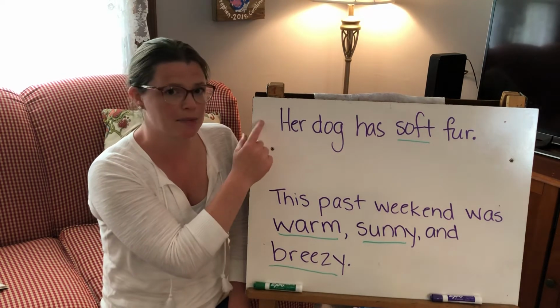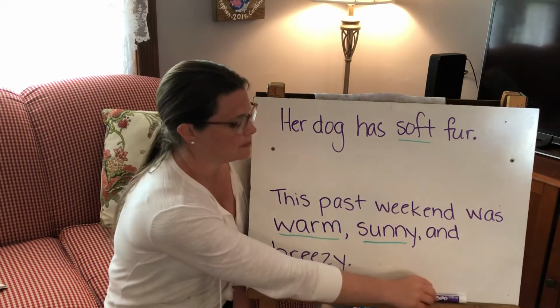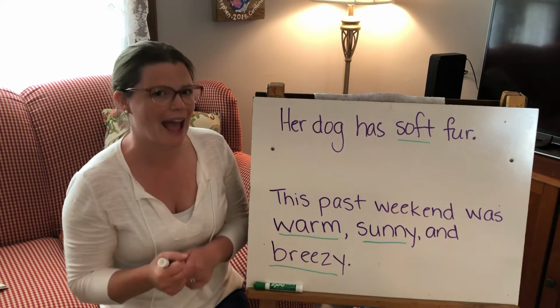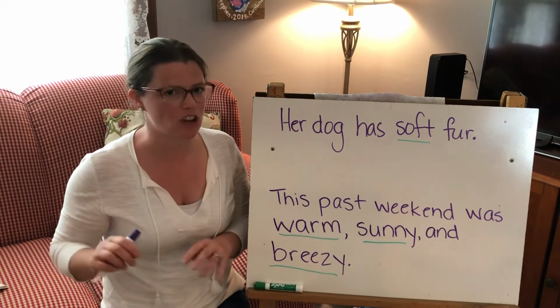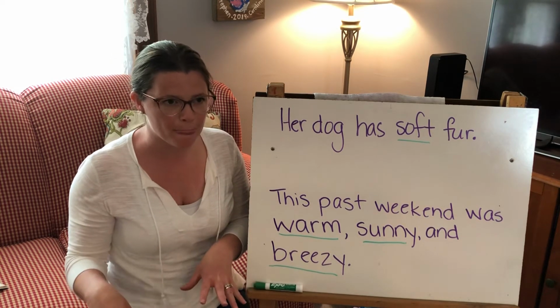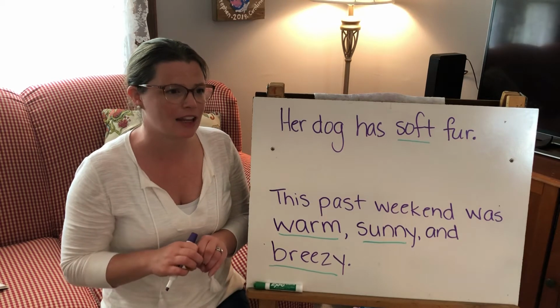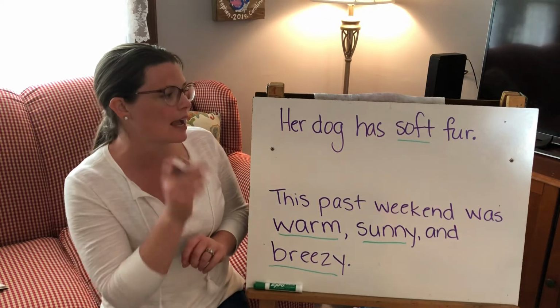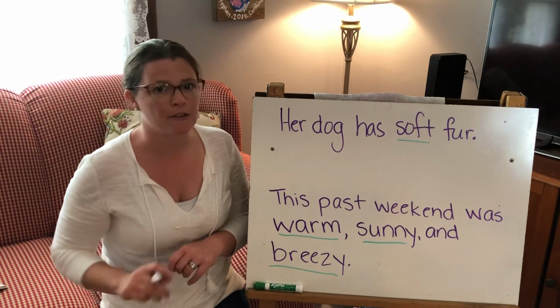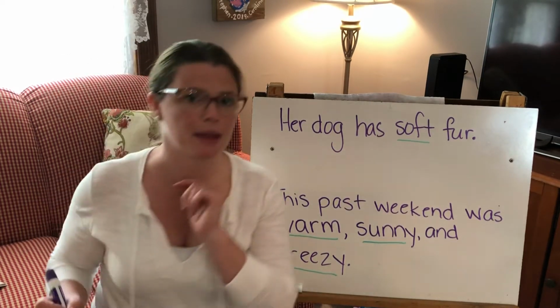So now let's go back up to this sentence. I'm going to add another adjective to this one. So instead of just saying soft, I'm going to add in brown. How about that? So her dog has soft brown fur. So watch what happens.